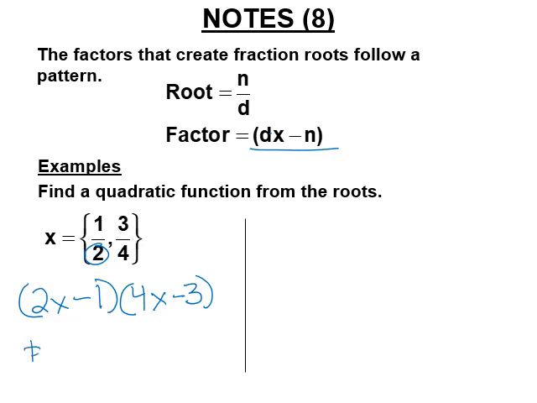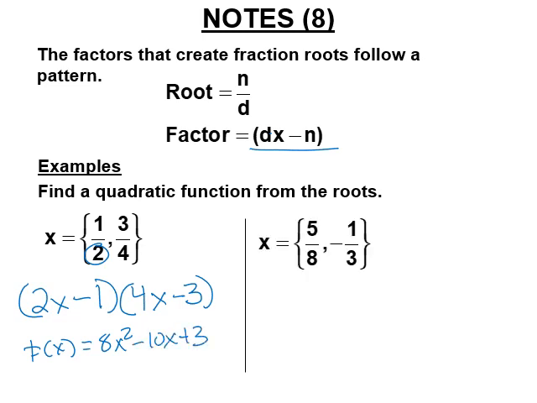Then you would write the function: 2x times 4x, 8x squared, outer 2x times negative 3, negative 6x, inner negative 4x, negative 10x, last plus 3. So try this one on your own. Pause the video.